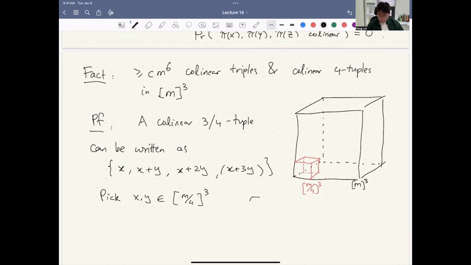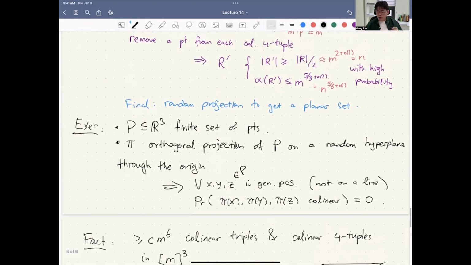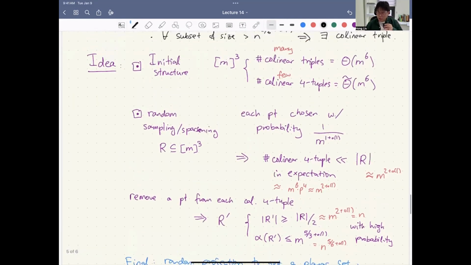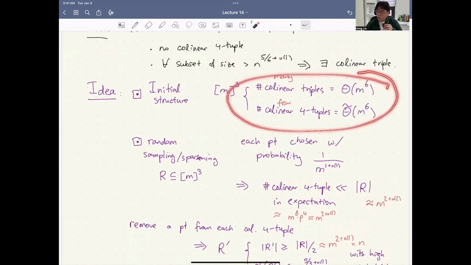That's it. Any questions? The upper bound is slightly harder. Let's skip it for now, finish the rest of the proof, and come back to the upper bound. It's not much more than what we proved.